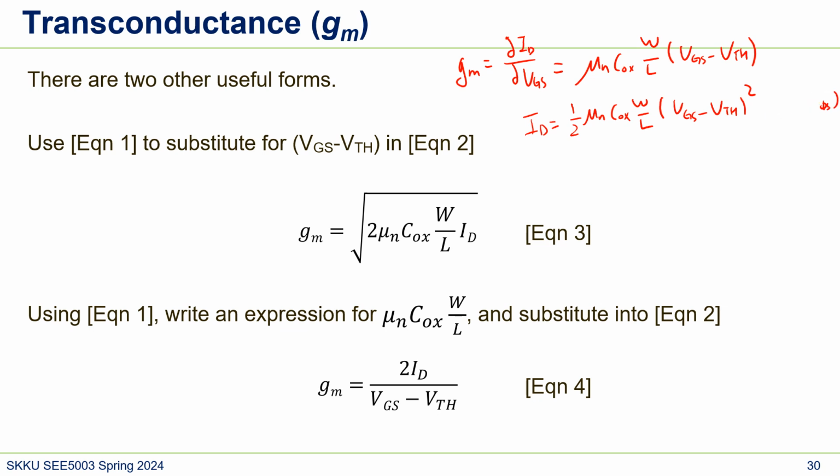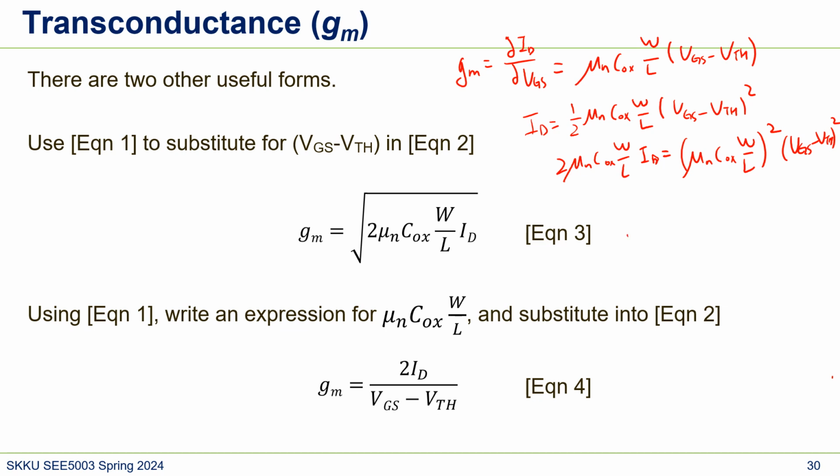Okay, let's do some math. We can take 2ID times mu n COX W over L, which gives mu n COX W over L squared times VGS minus VTH squared, right?